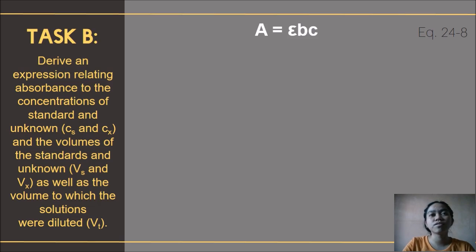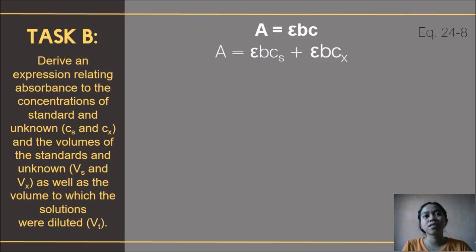Therefore, the total absorbance of the solution is the sum of the absorbance of the standard and the absorbance of the unknown. S is the standard, X is the unknown. We also know that the observed absorbance can then be converted into a corrected absorbance by taking into account the volumes, which can be seen in this formula.